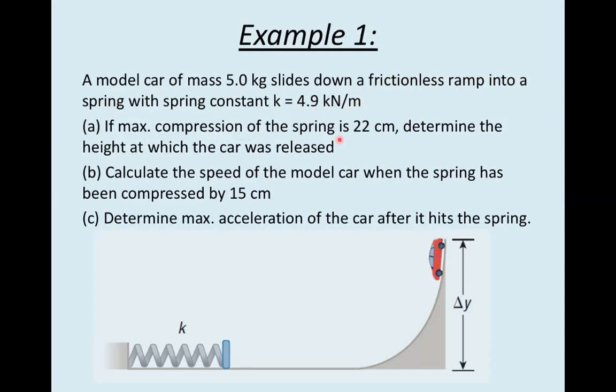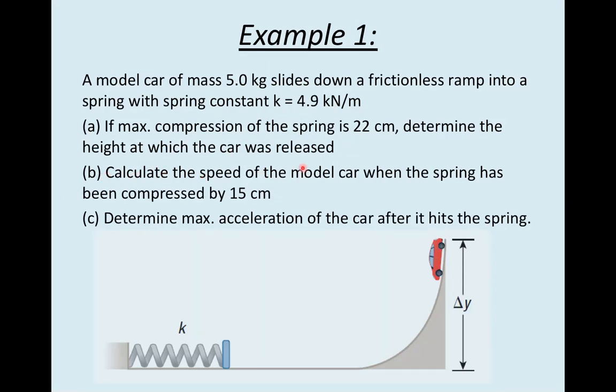If the maximum compression of the spring is 22 centimeters, determine the height at which the car was released. A question like this, you kind of have a sense this is like a roller coaster problem, a spring equivalent of a roller coaster problem. It is beneficial to read the entire problem and highlight all your givens before you get started.